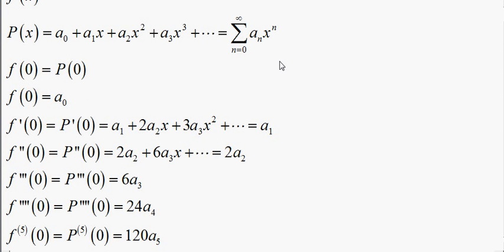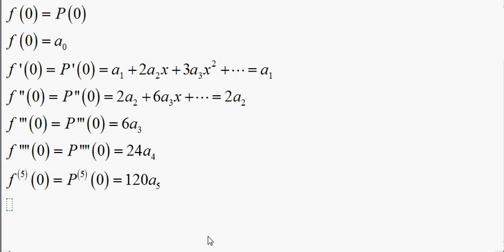So if we solve for all the coefficients, over here we have a naught equals f of 0. And then we look at this one, a1 equals f prime of 0.